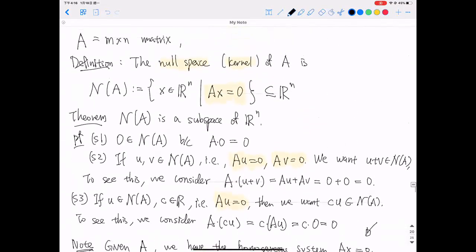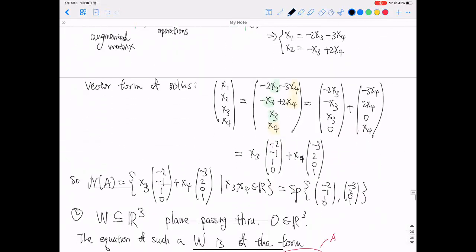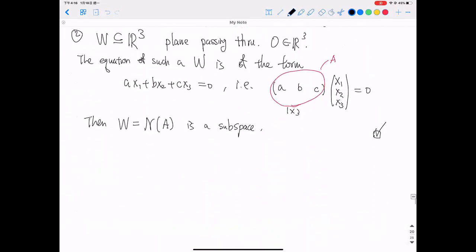Now, again we're given an m by n matrix. There is something else that we can associate to it. It's called the range.